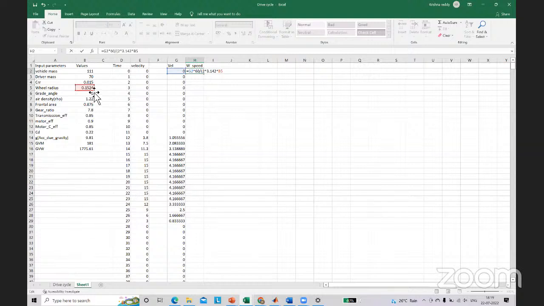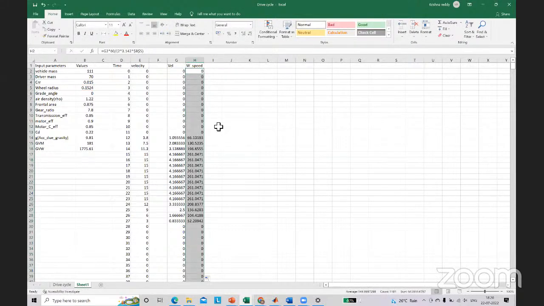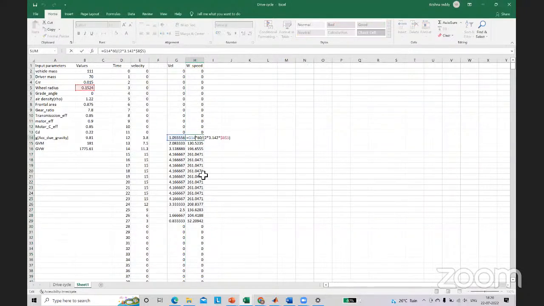So it has to be constantly supplied to this equation to multiply. For that, I need to bring a dollar symbol to it. Now say enter. Now if I double click, this particular value will be constantly multiplied. If you see here, this particular value is constantly multiplied.